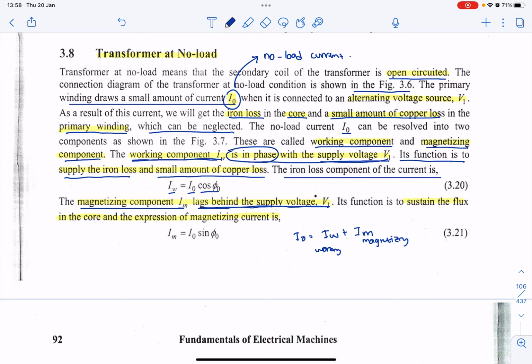What is the function of the magnetizing current? The function of the magnetizing current is to sustain or establish the flux in the core, and the expression of the magnetizing current is IM equal to I0 sine phi naught.